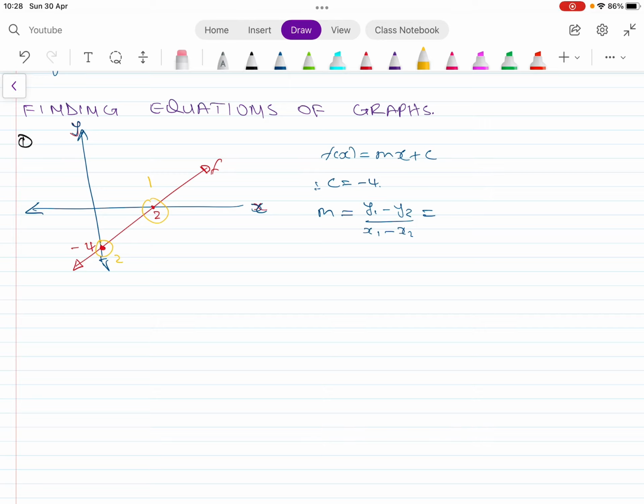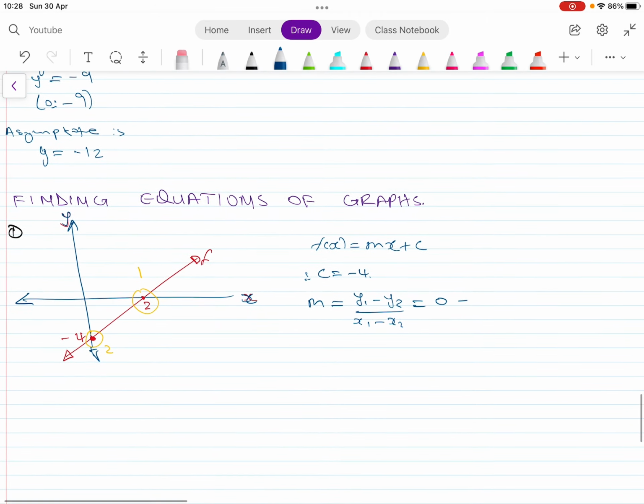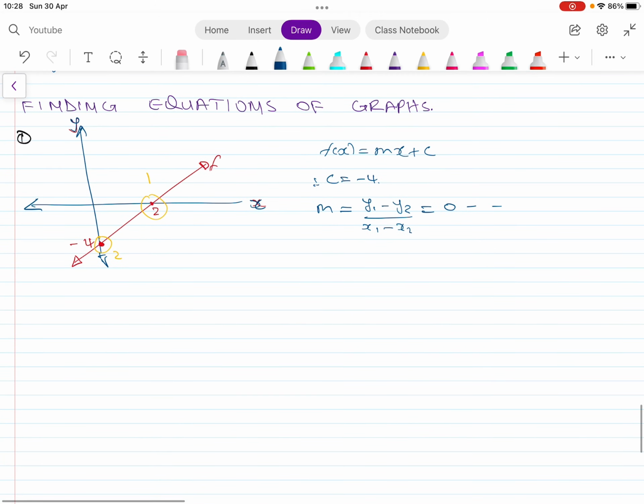Okay, and now let's calculate the gradient. y2 we're going to take to be 0, and then y1 is going to be negative 4. You hear what I'm saying, not necessarily what you see me writing, I think I fumbled there. x1 is 2, and then x2 is 0.